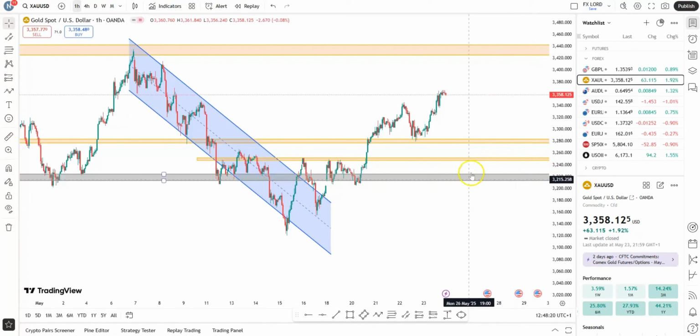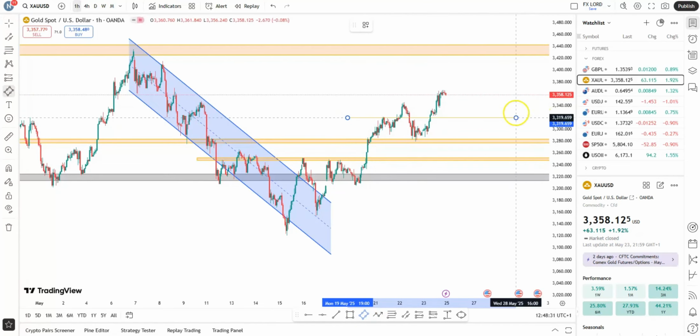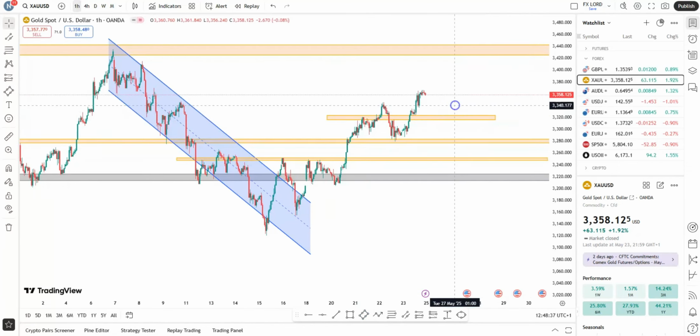Right now, what I'll be looking for on XAUUSD, my bullish scenario, will be something like this happening. I'm going to pick this level as a minor support level. My bullish scenario is price coming down to this level and going back to the upside.